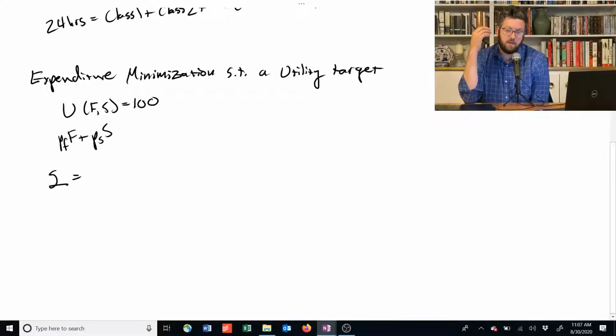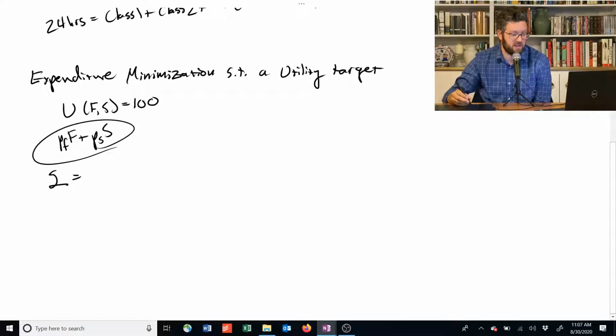Well, we think first we need our objective function, and our objective function is the thing we're trying to minimize or maximize. And in this case, we're trying to minimize our expenditure, which is this guy here. So we would actually write that one first. Okay? Then we have a constraint.